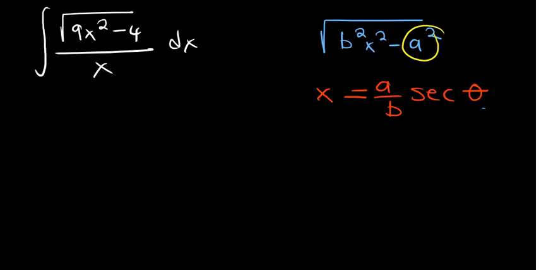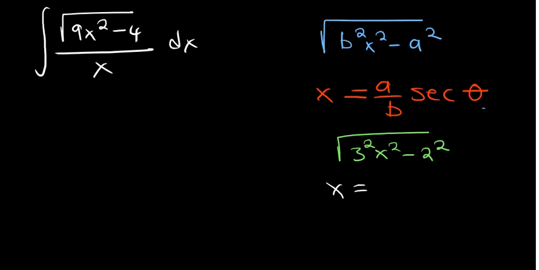You notice that these are all expressed in the form of a square, so let's express what we have in that form. We have the root of 9, which can be expressed as 3 squared, times x squared, minus 2 squared for our 4. So we can now see that our value of x is a, which is isolated from x, 2, over b, attached to x, which is 3, and then secant of theta. Okay, take note of that.